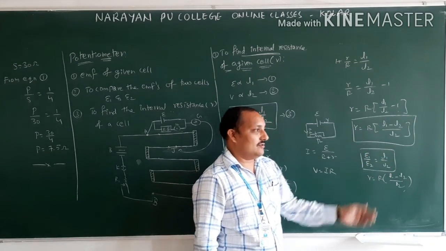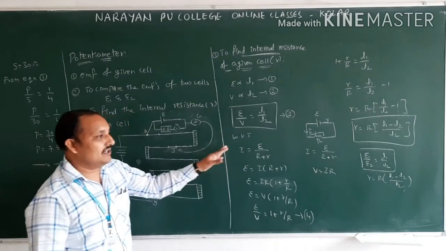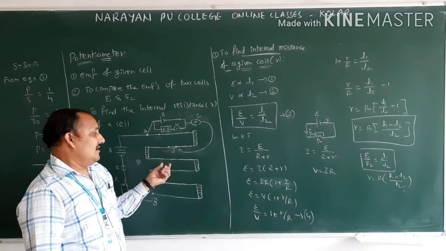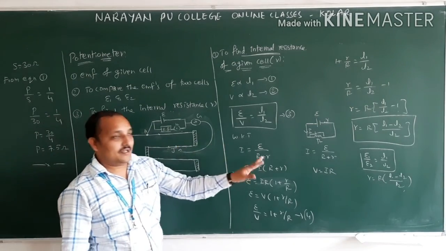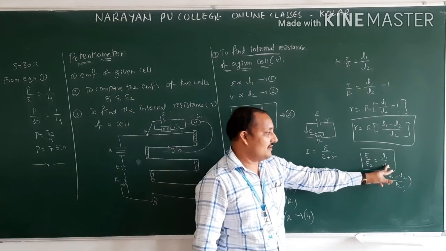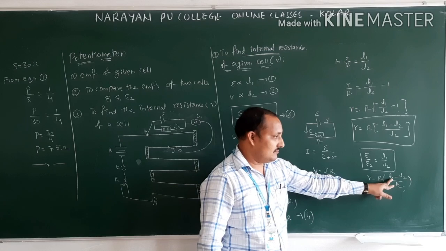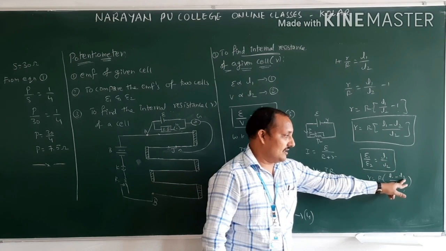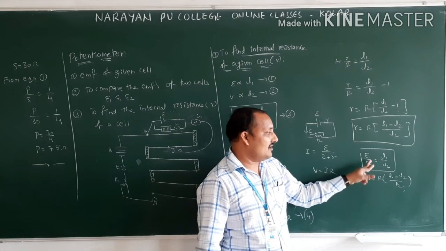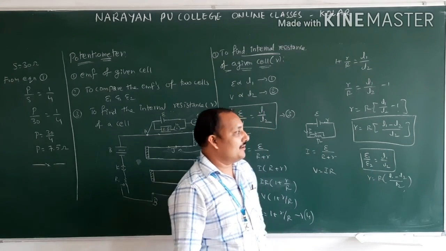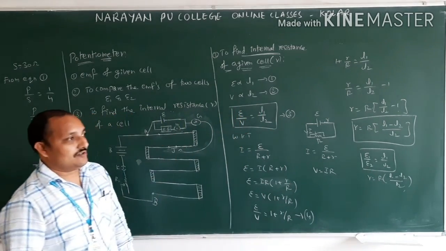Just L1 by L2. So the first balancing length is 120 centimeters, the second balancing length is 500 centimeters. So 120 by 500. If you substitute, you will get the comparison. In the other, they will give the resistance, the balancing length, and the second balancing length. Then how to find the internal resistance? If you remember these two formulas, you can solve the problems based on these two. Okay.